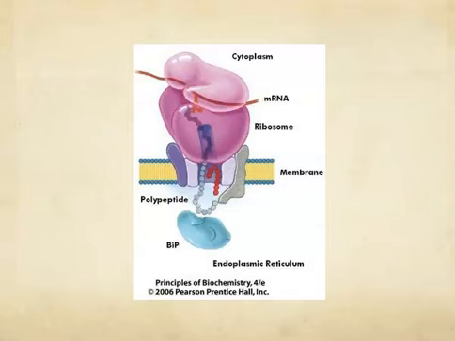On this slide, we're looking at a drawing of the membrane in some area of the rough endoplasmic reticulum. We can see the outside cytoplasm and the inside lumen of the RER. You can see a ribosome drawn in pink and a strand of mRNA being translated.